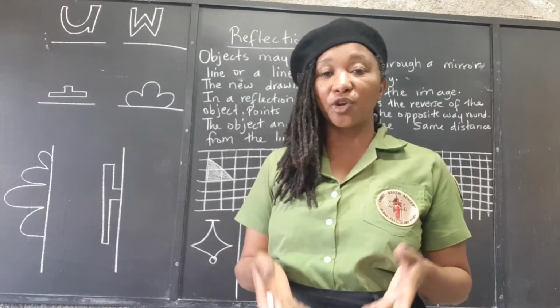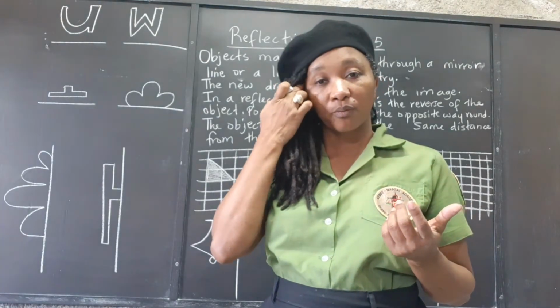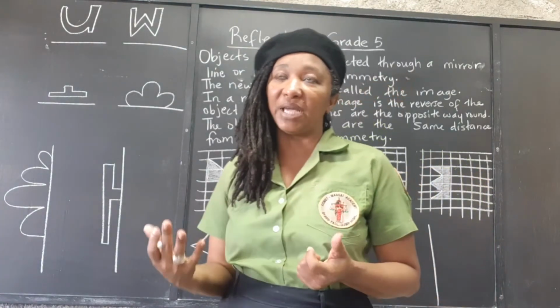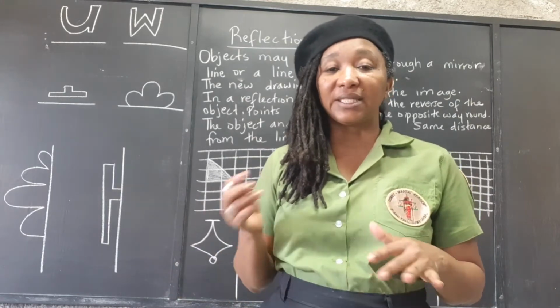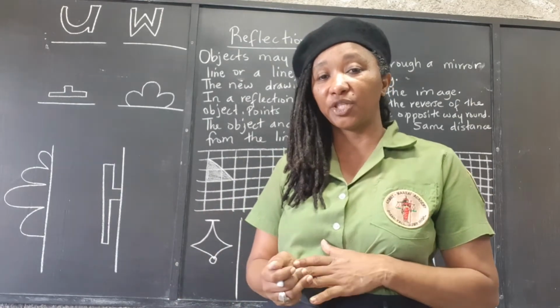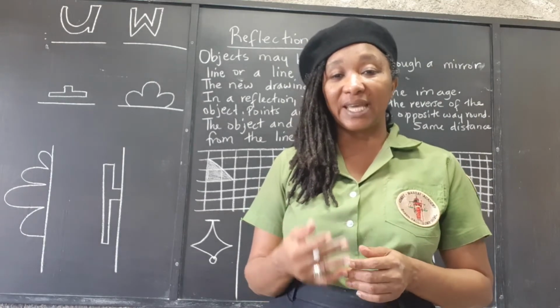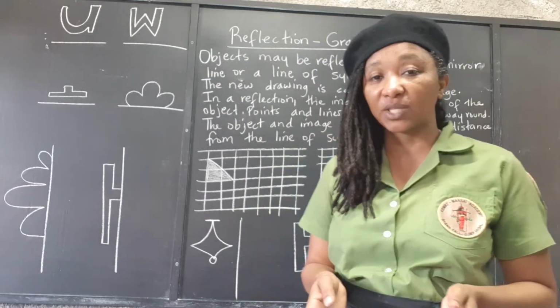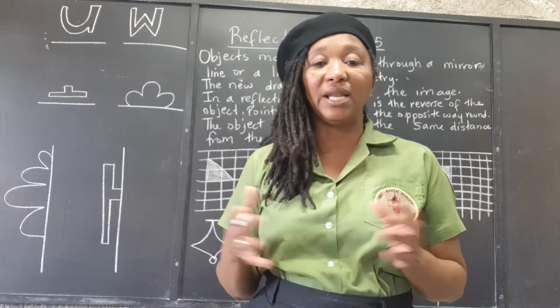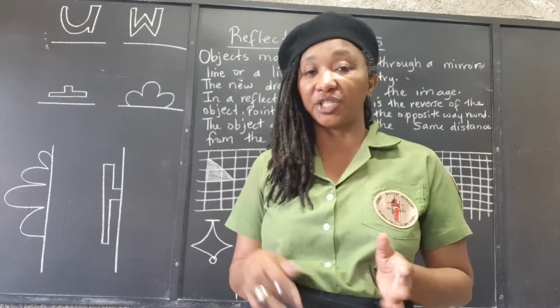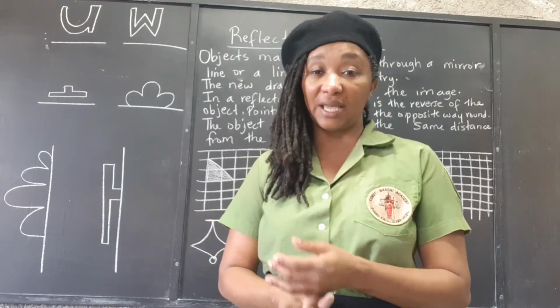If a line was turned up, well, for up and down they remain the same, but left and right are reversed. And the size of the image is retained, so whatever size the object was, the image is the same size, right? So the left and right orientation changes, the size remains the same.